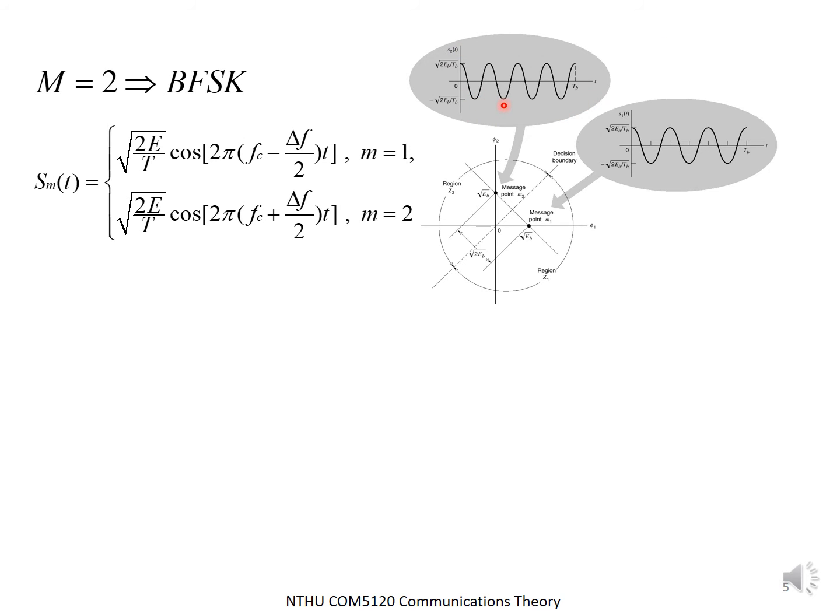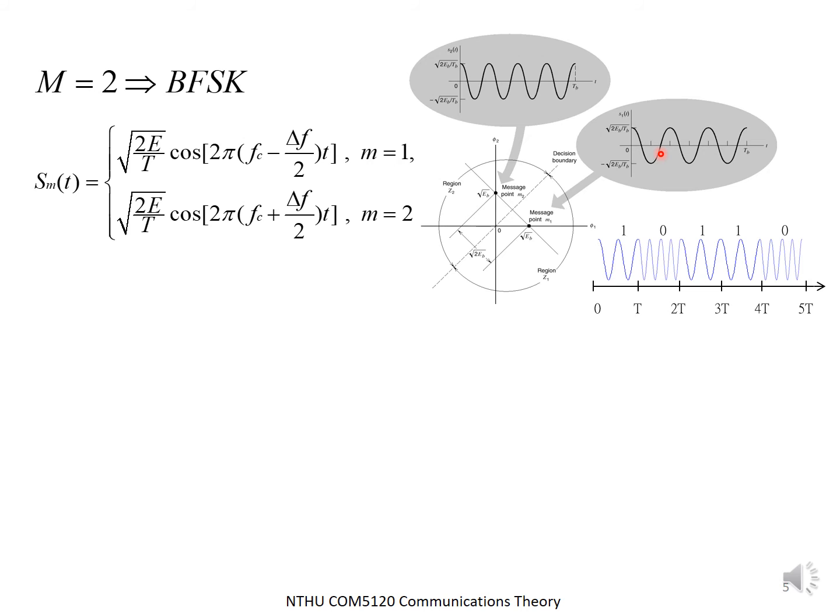s_2(t) contains a higher carrier frequency. As soon as we see this waveform, we know the message value, and as soon as we see this other frequency, we know the other message value. There's 1 bit with different values. It's a binary transmission.